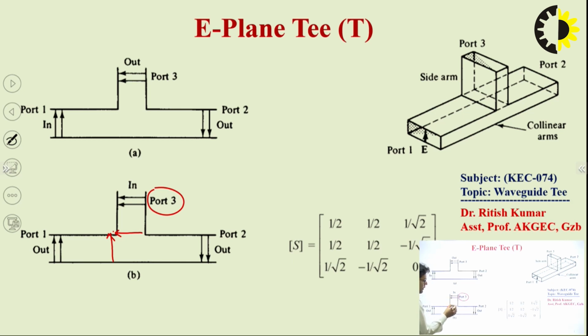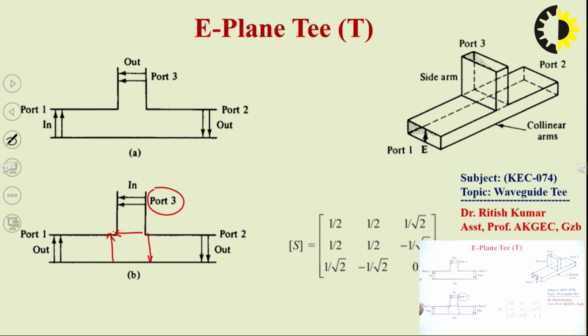So always the electric field direction would be in this way. So in the case of applied RF signal at port number 3, we will have the power in the opposite phase. So here we can clearly observe this.